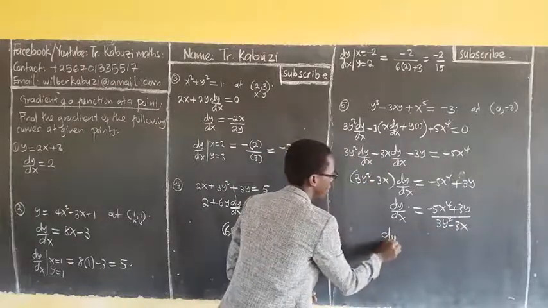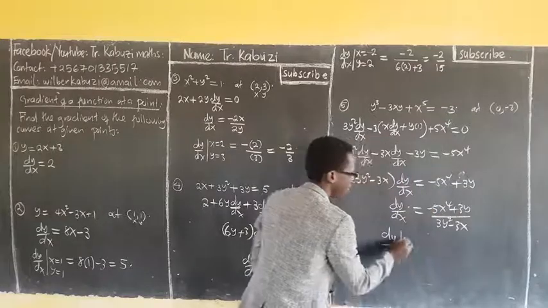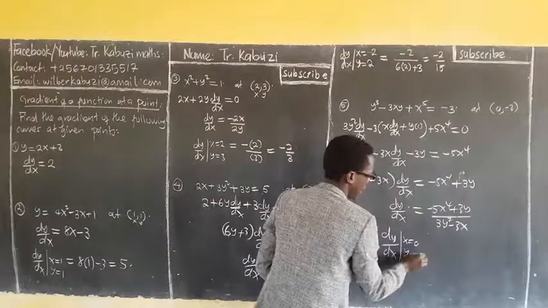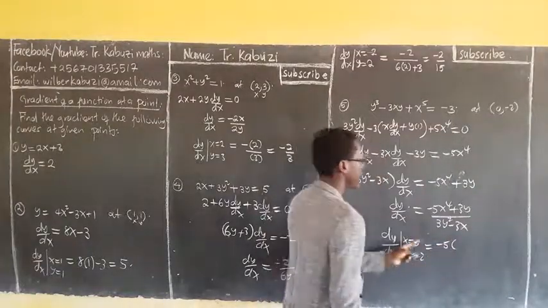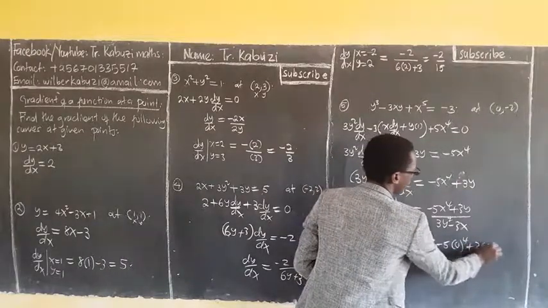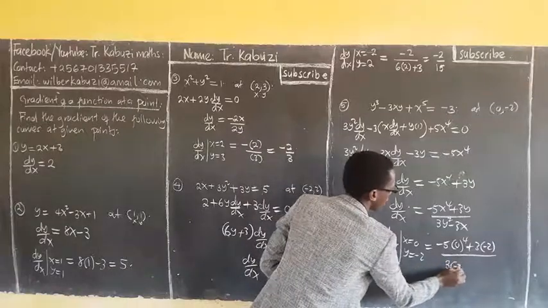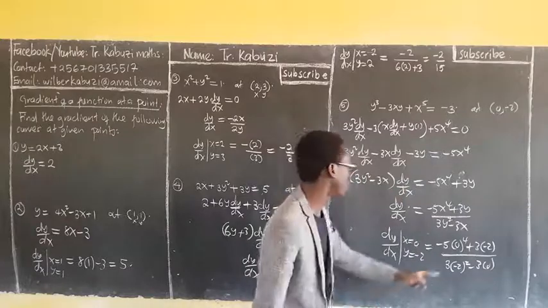Now the gradient of this function at the point where x is 0 and y is negative 2 is negative 5 times 0, plus 3 times negative 2, over 3 times negative 2 squared, minus 3 times 0.